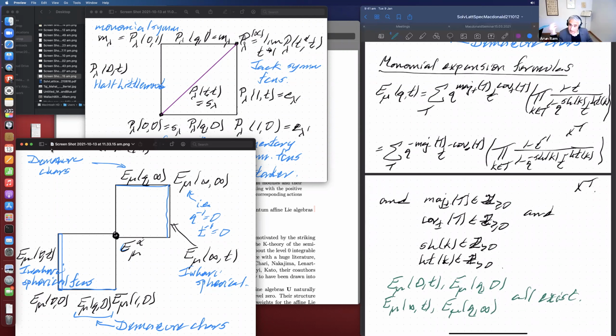Because I've set up the formula so that you can just look and see, oh, well, when T is infinity, this term goes to 0, and it's perfectly well defined.